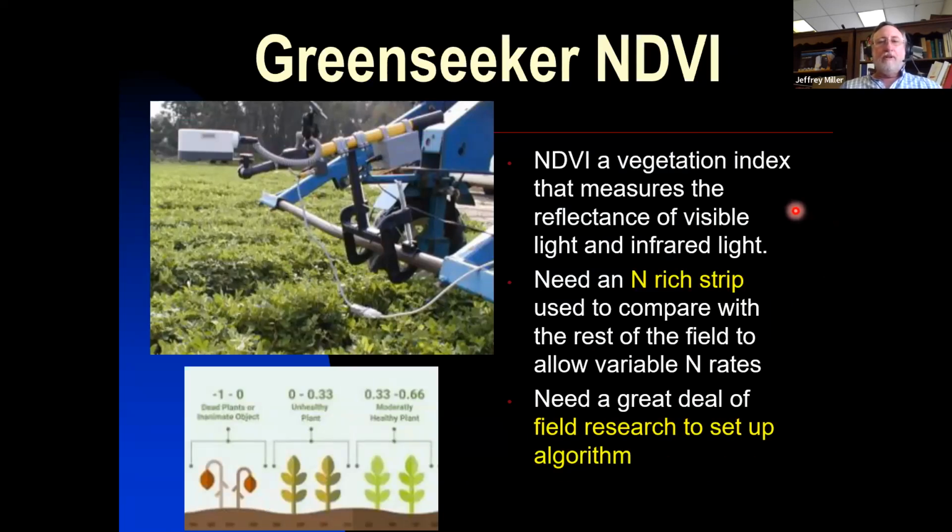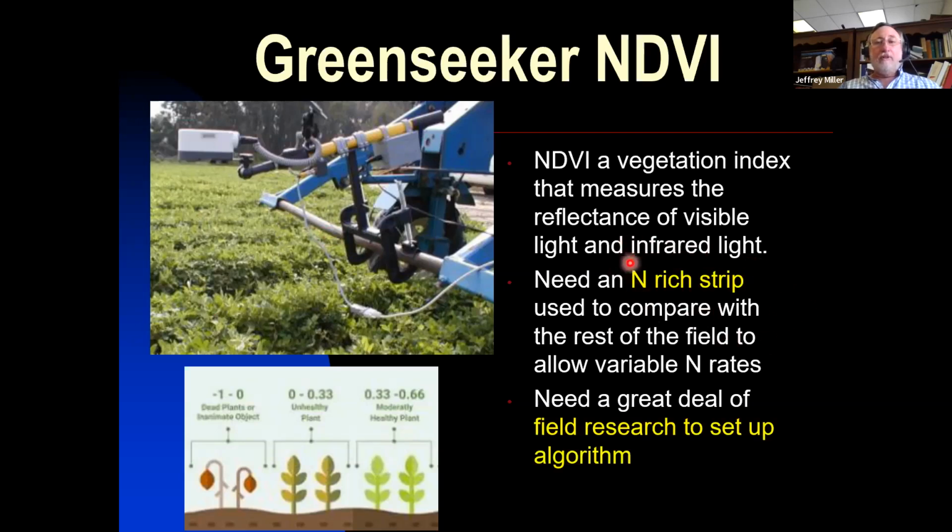But if you can picture a boom sprayer applying a liquid fertilizer, in this case nitrogen, and each one of the boom sections having a controller on it that allows you to do variable rates of nitrogen as you cross the field, and a sensor that's measuring the reflection of light coming off of your canopy, and with this reading adjusting for its part of the boom what rate of nitrogen to apply in that boom section on the fly as you're driving through the field. Now there's a couple of things you have to know about that.